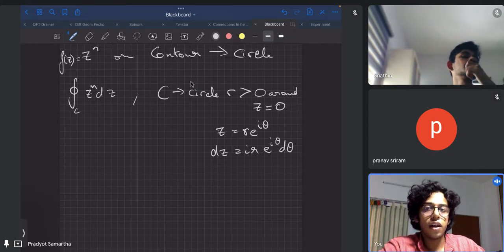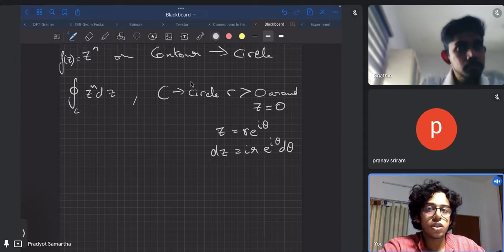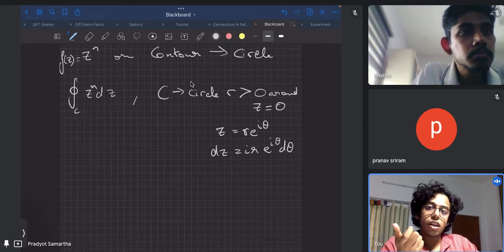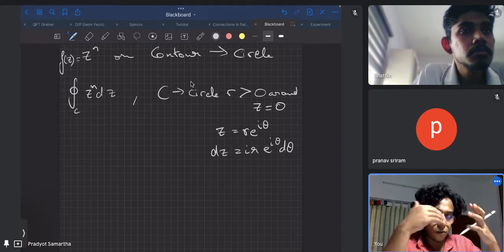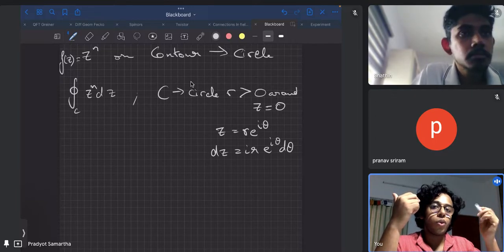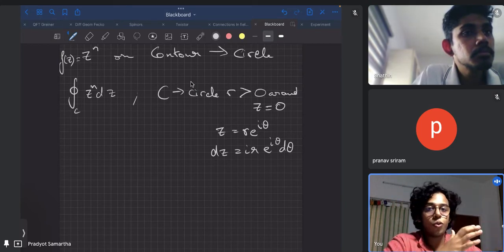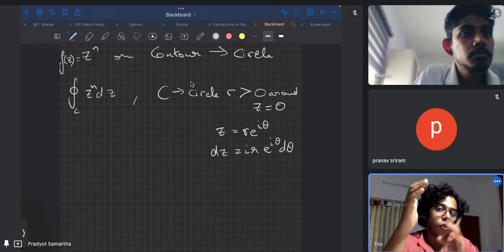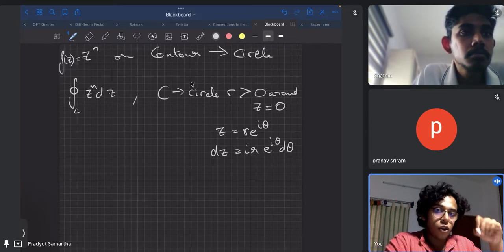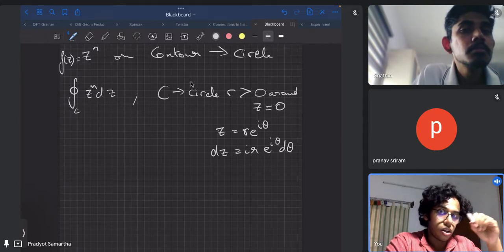So when we write z and dz in this way, instead of in terms of x and y, we maintain consistency. You don't need to transform from Cartesian coordinates to polar coordinates, because you naturally specify the boundary of this circle by fixing r.